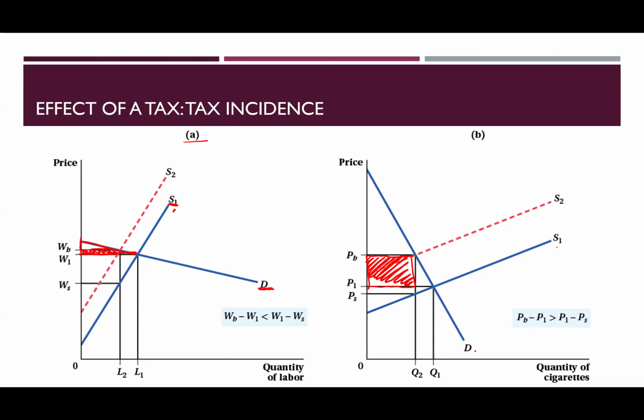And so you see that consumers bear much less of that burden from the tax, much less consumer surplus is transferred to the tax than in the case of when demand is more inelastic. They're giving more. Producers, when their supply is inelastic, transfer much more to the government in terms of revenue than when their supply is more elastic than demand.